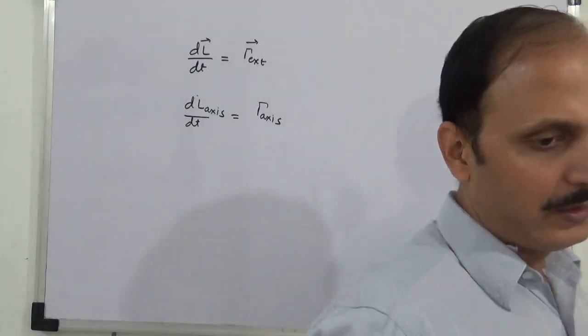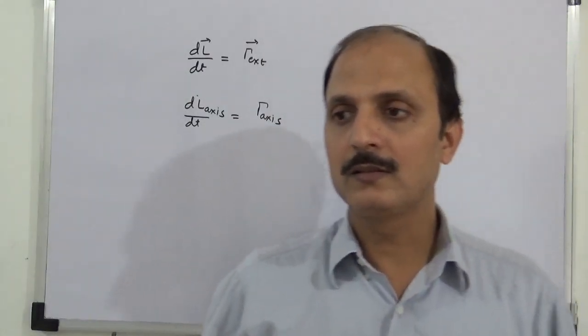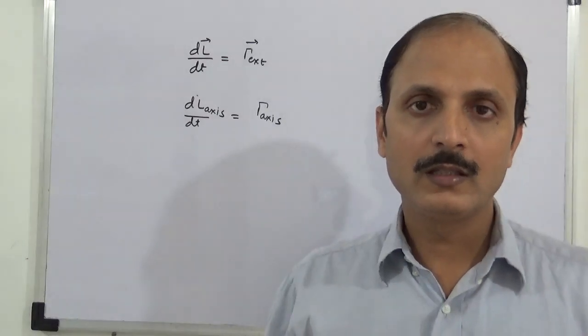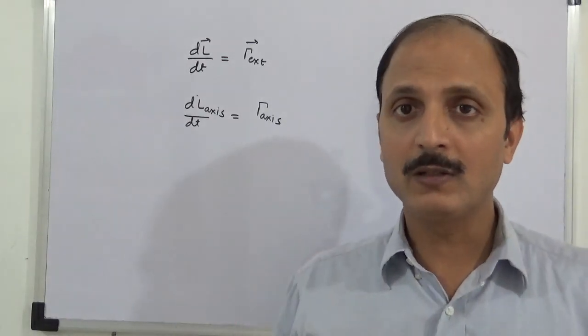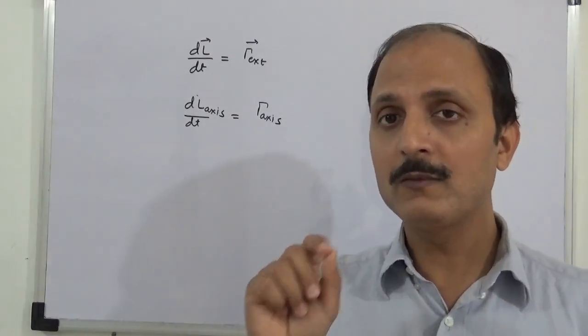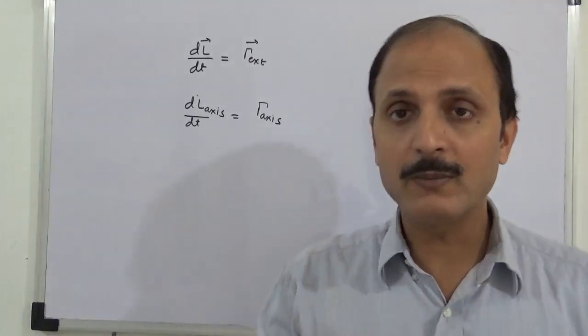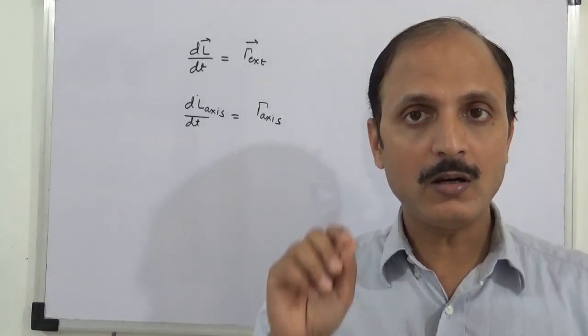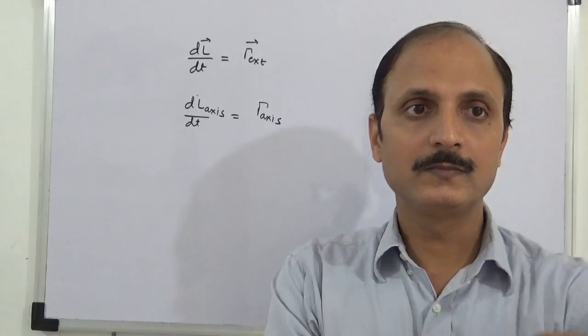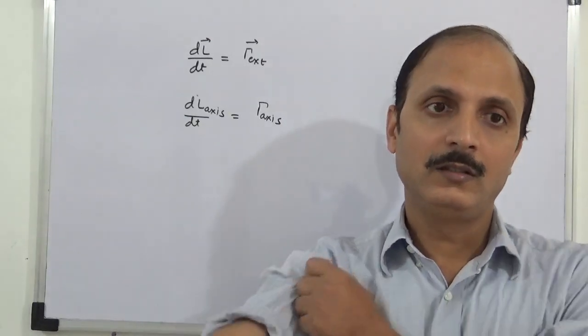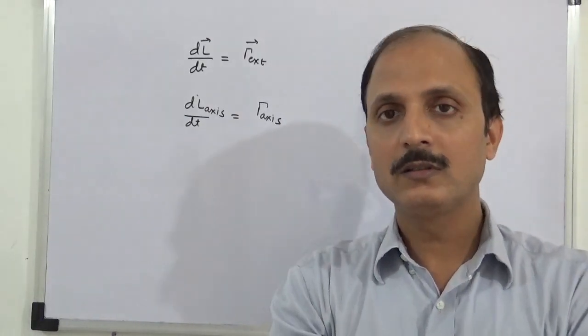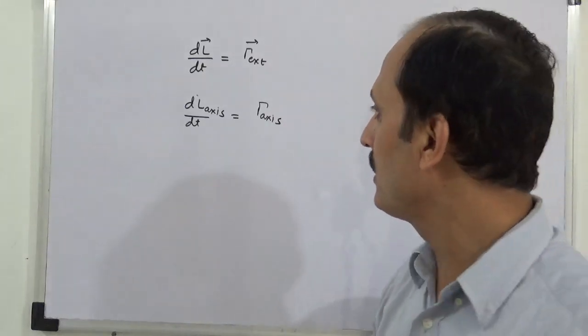So if I have taken the system in such a way that about a given point, which can be anywhere, you have to choose the point in such a way that about that point the external torque is 0.